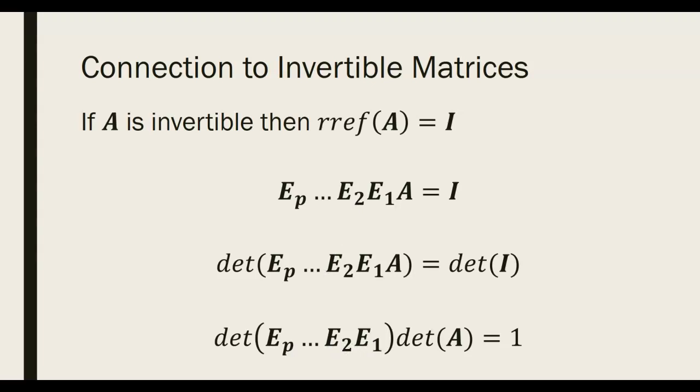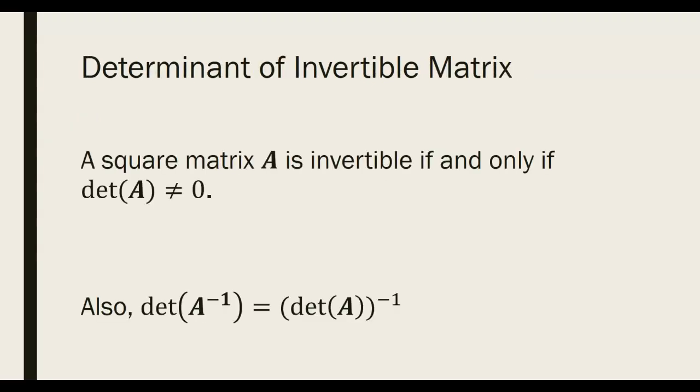So we can see that the determinant of A times the determinant of A inverse has to give me 1, so they have to be multiplicative inverses of each other. Again, if the determinant of A, for instance, is 4, the determinant of the inverse would be 1/4.